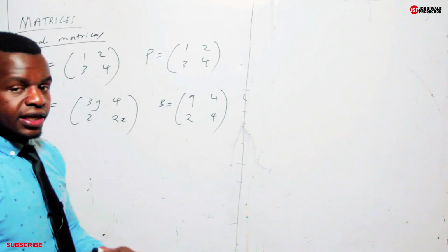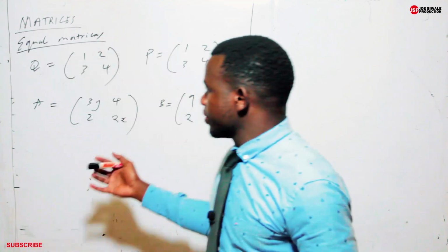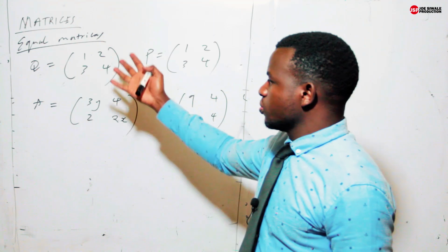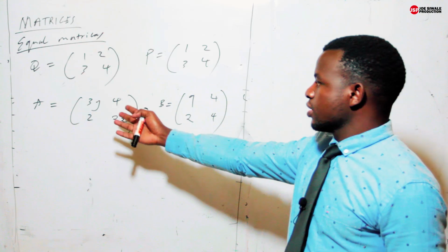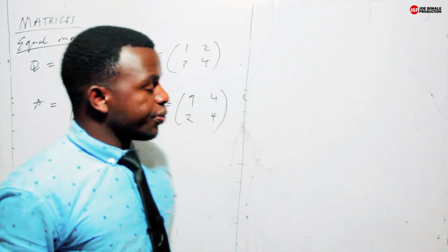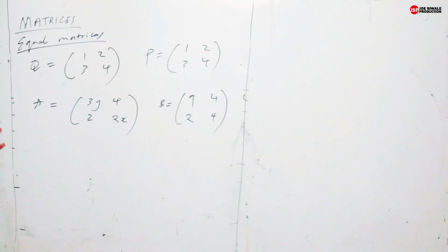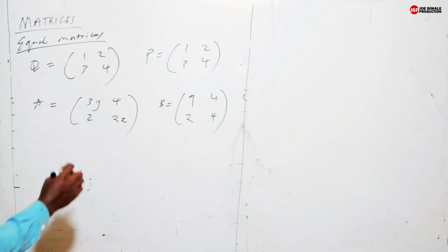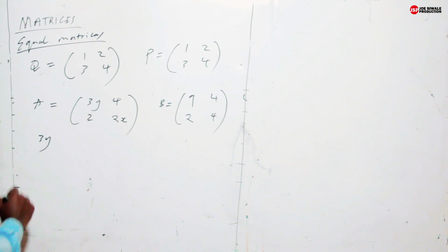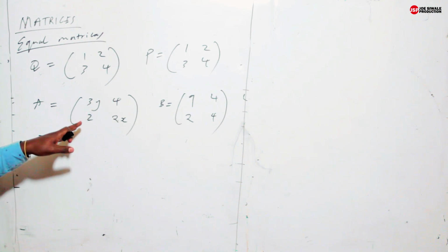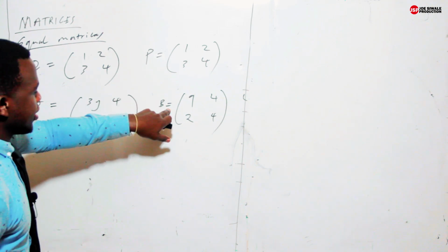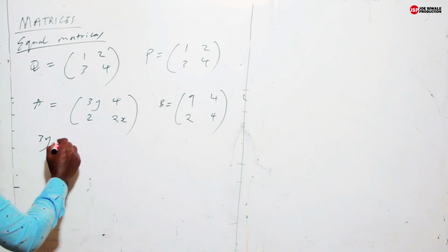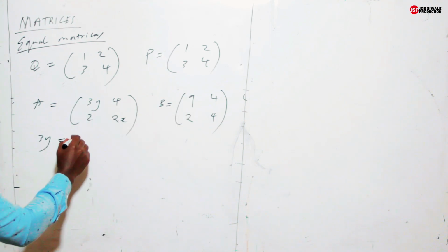If you have been told that matrix A and B are equal, can you calculate the variables x and y? We know that matrices are equal if their corresponding elements are the same. So for 3y, what's the corresponding element in matrix B? It's 9. So 3y is equal to 9.